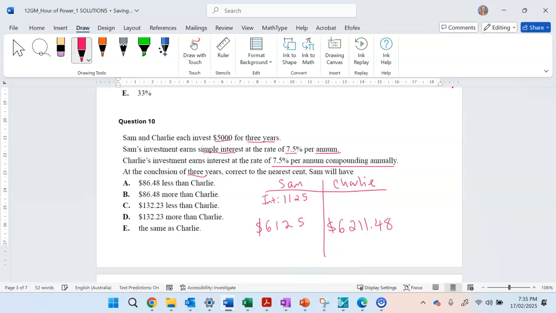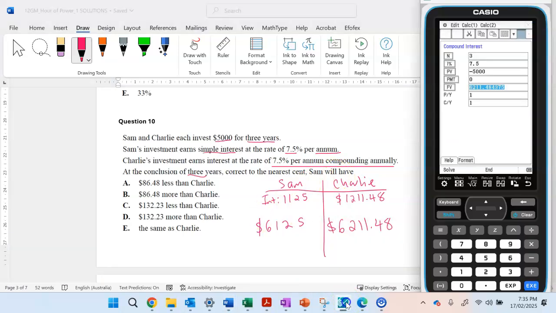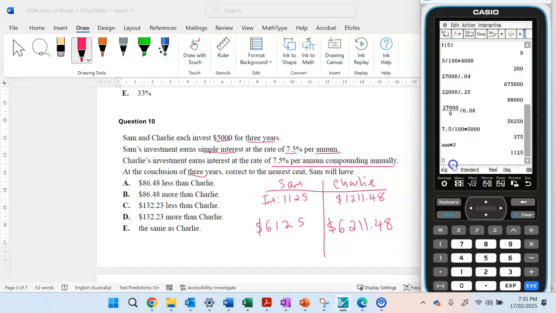If you want to work out the interest, Charlie earned $1,211.48 in interest. We want to know what the difference between the two is. I can copy that number straight back into our main screen, then paste it, take away, and drag that down.